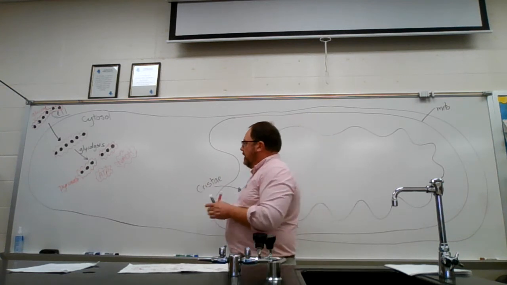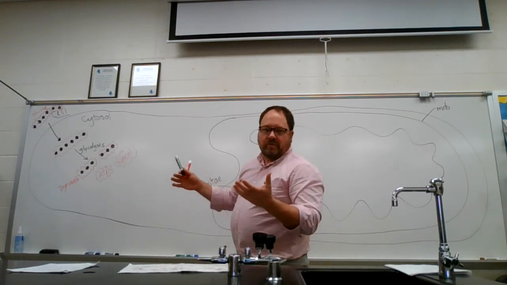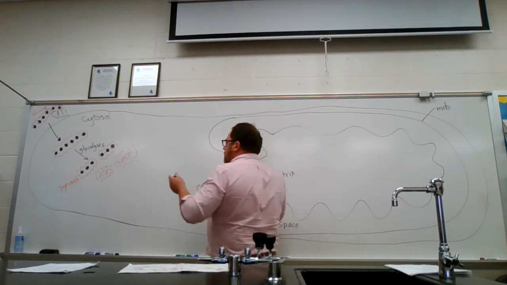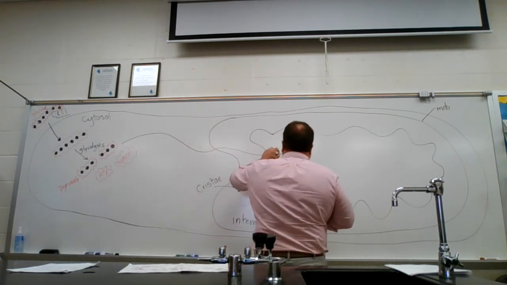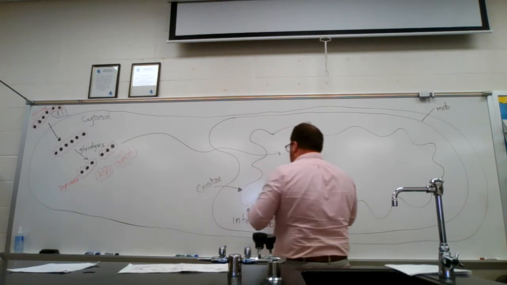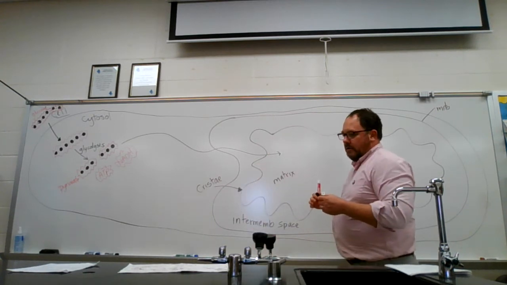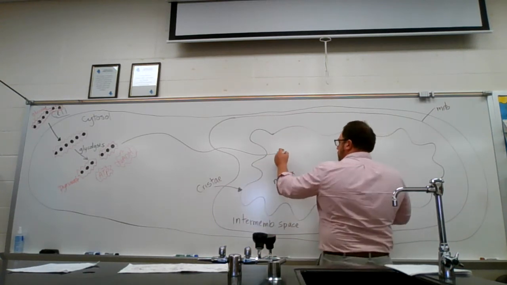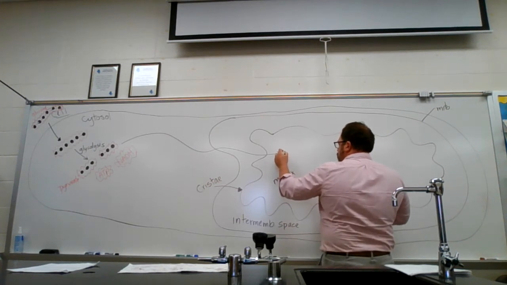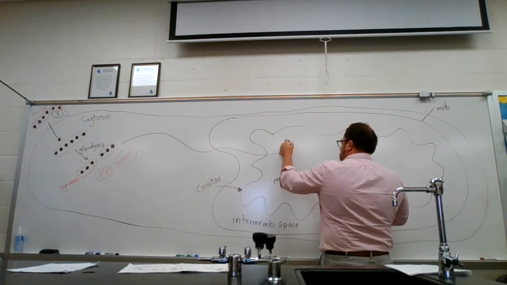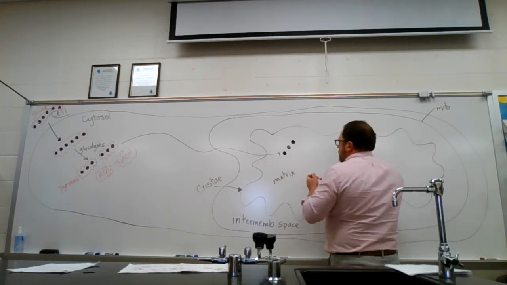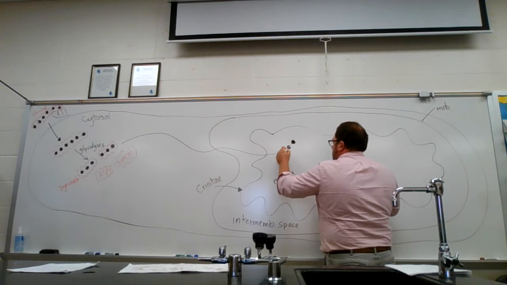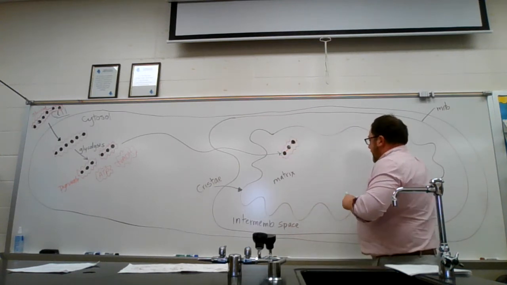So we'll just take one of the pyruvates for the sake of simplicity, and we'll move that over to the matrix of the mitochondria. So I'll take that 3-carbon pyruvate, and then if you'll recall, it undergoes that link reaction.